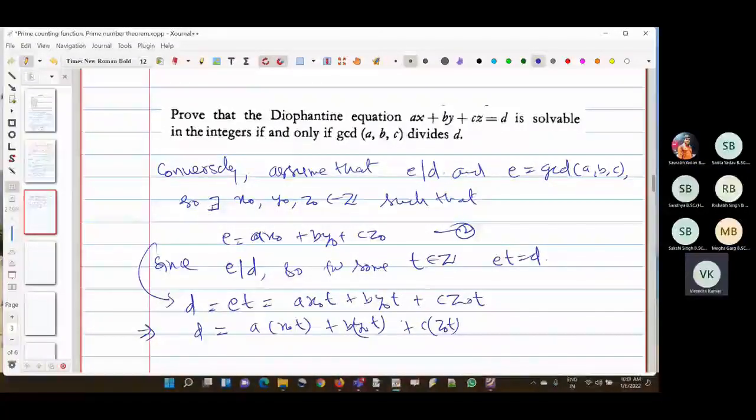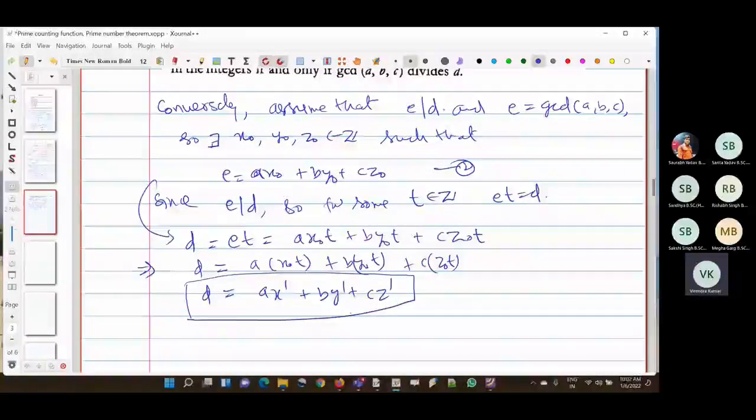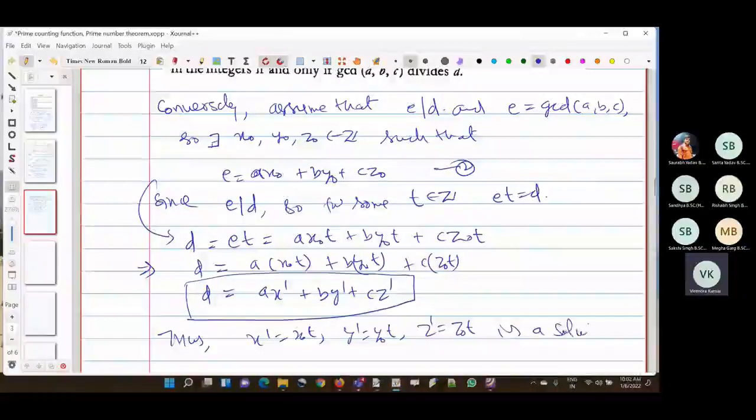So this we can write as a x' + b y' + c z' = d. So it means x', y', and z' satisfy the given linear Diophantine equation. Thus, x' = x0 t, y' = y0 t, and z' = z0 t is a solution.